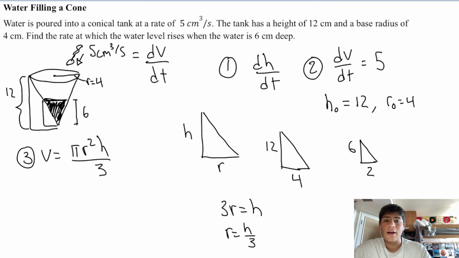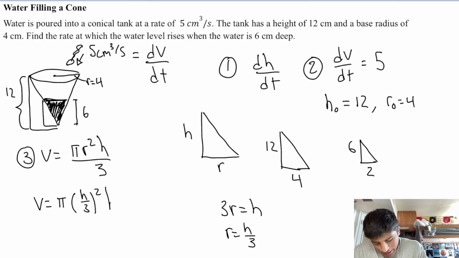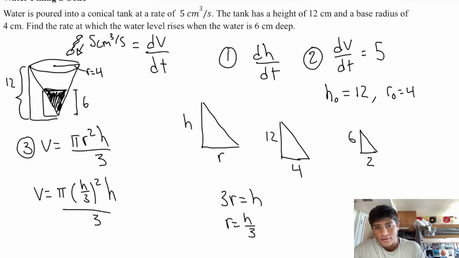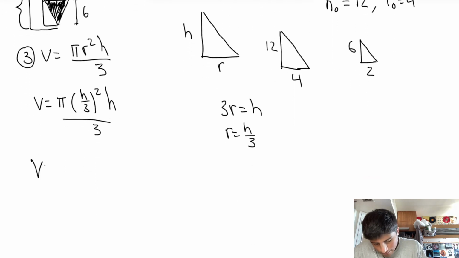That way we can get everything in terms of h and v, which is what we want because we don't have a rate for r. So we get v equals pi times h over 3 squared times h over 3.